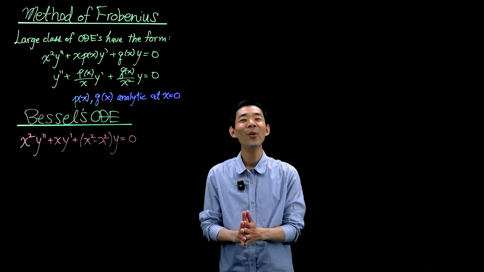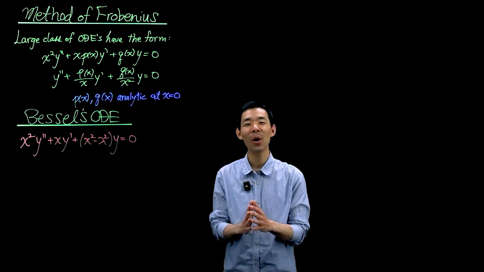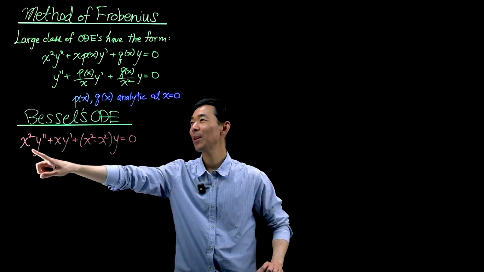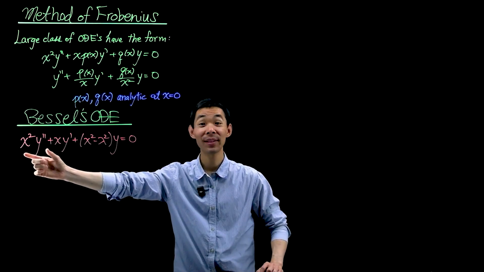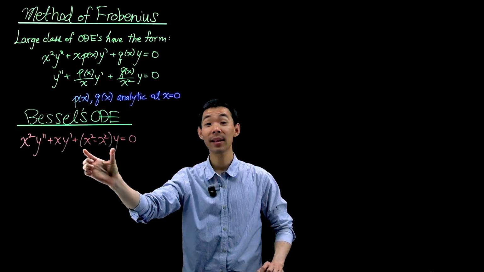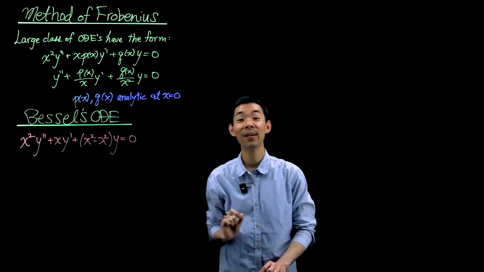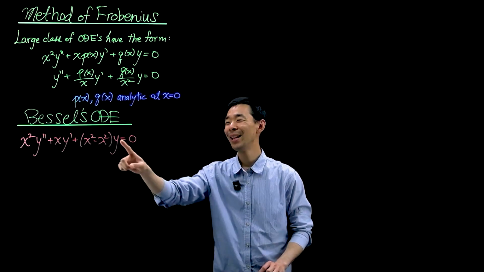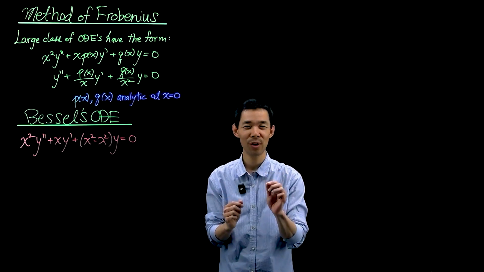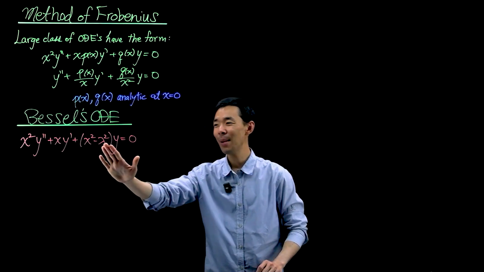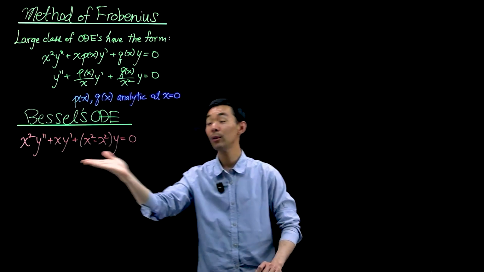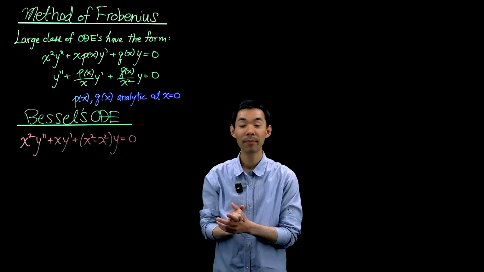The generic form of the Bessel's ODE looks like the following. x squared prefactor in front of the second derivative, a factor of x, and we have this x squared minus lambda squared prefactor in front of the function you want, y. Now, lambda is a parameter. It's usually known to you beforehand. So lambda is a value that you know. y is a function of x only, so you'd like to solve this ODE.